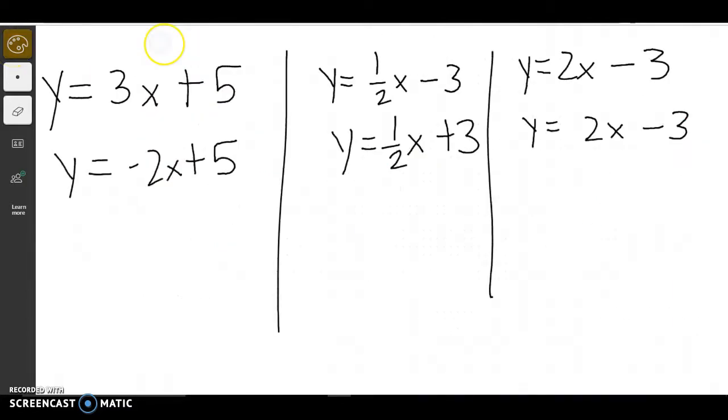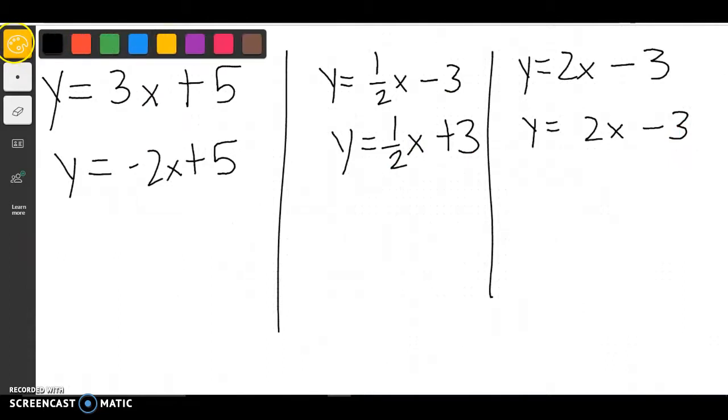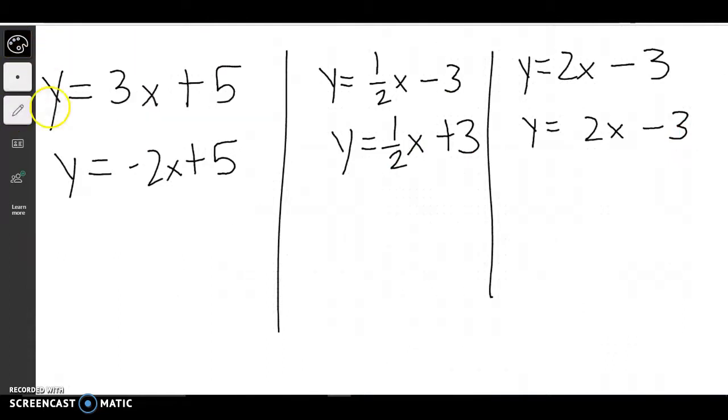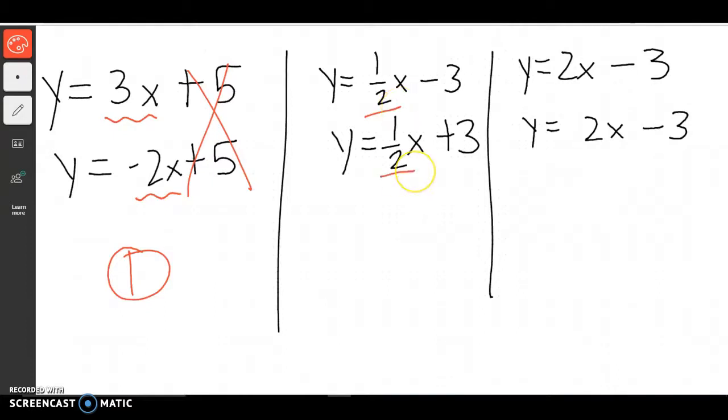Okay, so let's try to state the number of solutions each of these has. For this first one, it would have one solution because the slopes are different. I don't care about the y-intercepts at this point. If the slopes are different, one solution. These slopes are the same, so now I have to check whether it's parallel or the same line, and we'll decide that based on the y-intercepts.